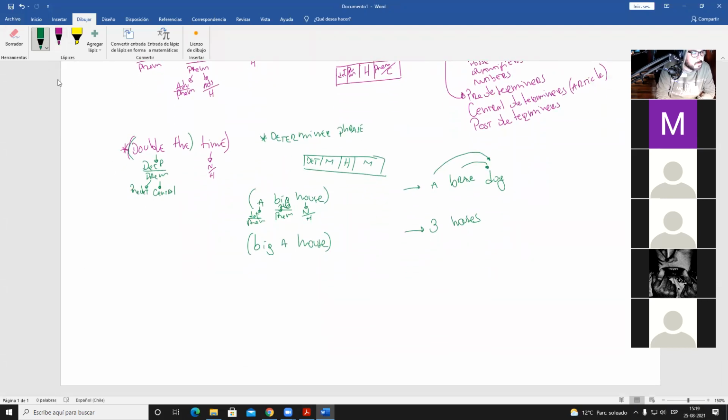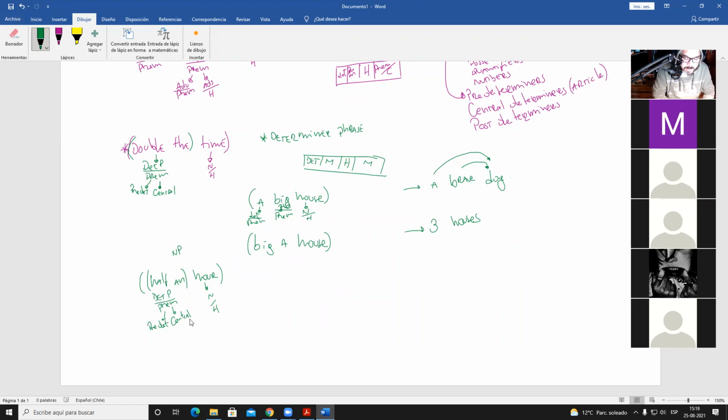I would analyze it like this: half an hour is a noun phrase, where hour is the noun head and half an is a determiner phrase acting as a premodifier. And inside of that, we have half, which is a predeterminer, and an, which is my central determiner. And that's it.